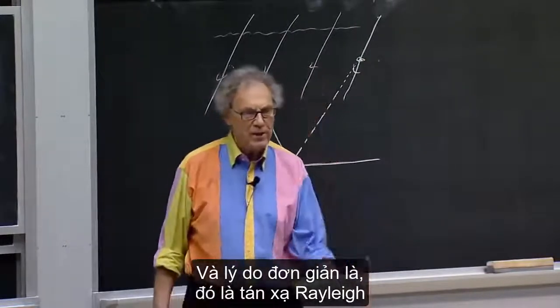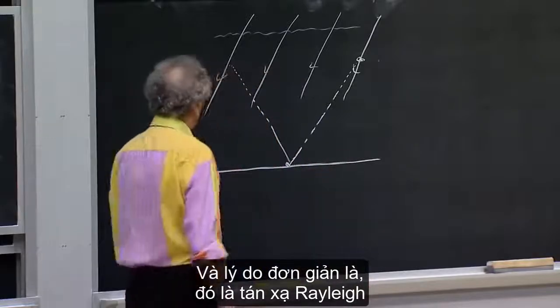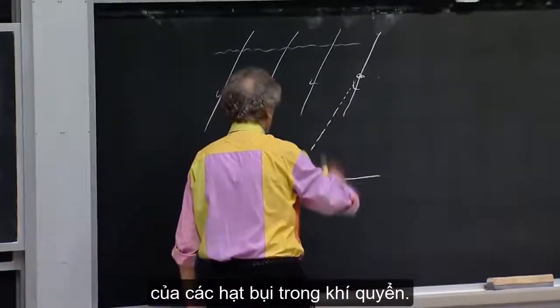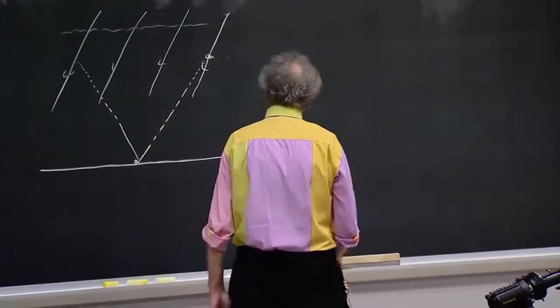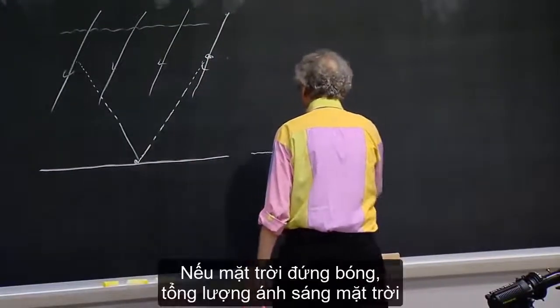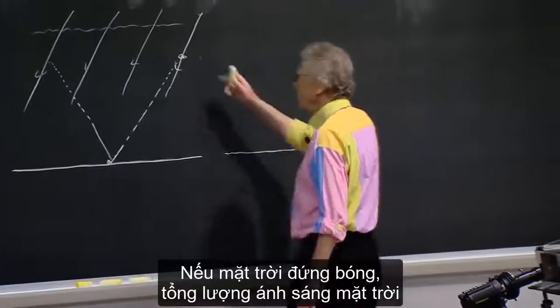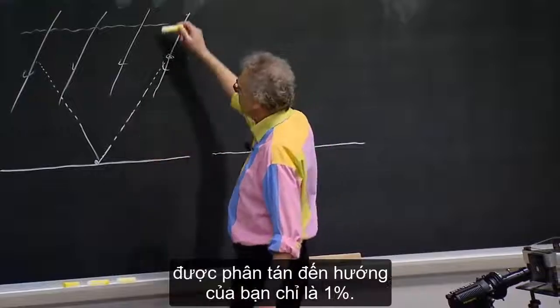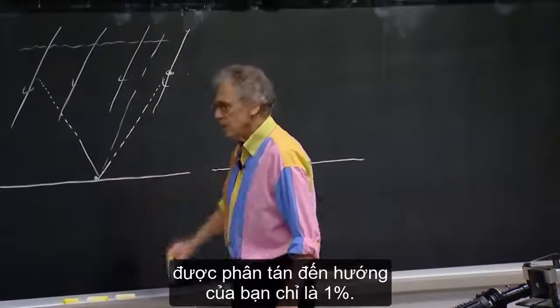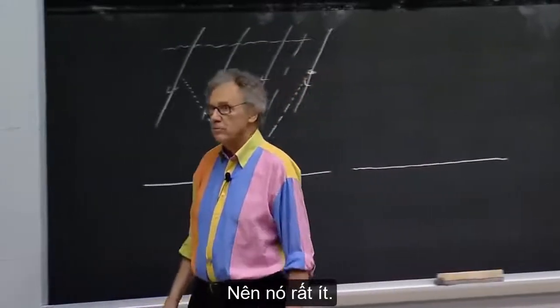So that's why the sky is blue. The reason is simply that it is Rayleigh scattering off the dust particles in the atmosphere. If the sun is high in the sky, the total amount of sunlight that is scattered in your direction is only 1%, so it's very little.